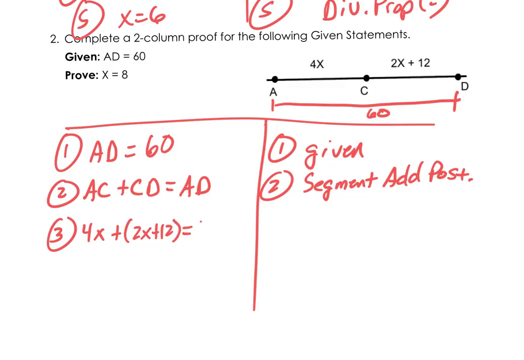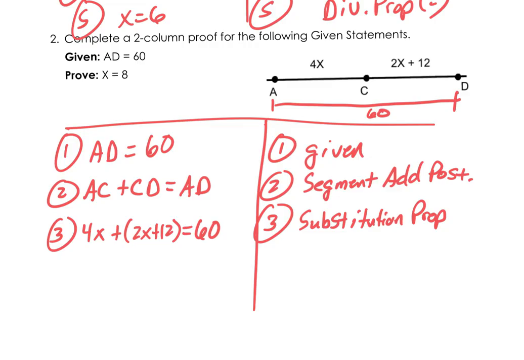And Hannah had said it earlier, 60 is the length of the whole thing. So we're going to plug 60 in for 80. So when I take something and replace it with something else, we have substituted into the equation.